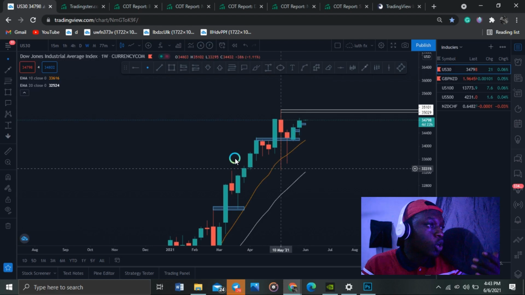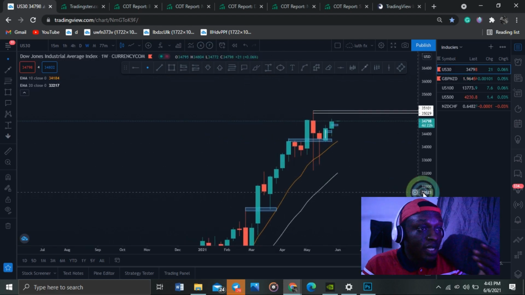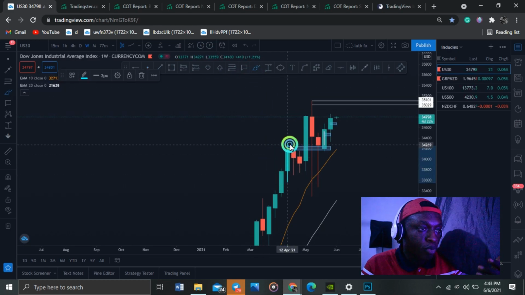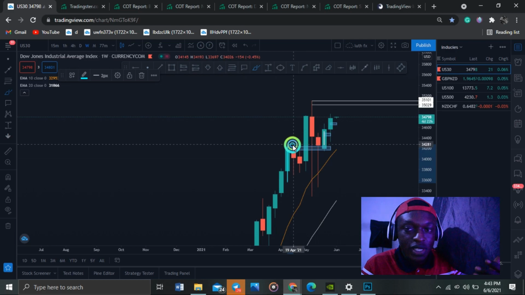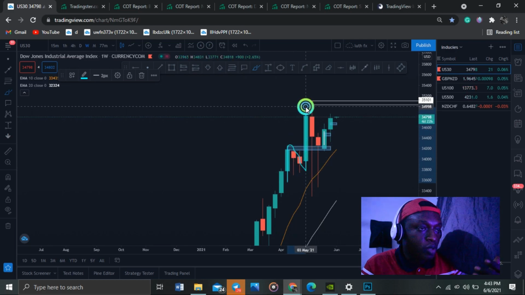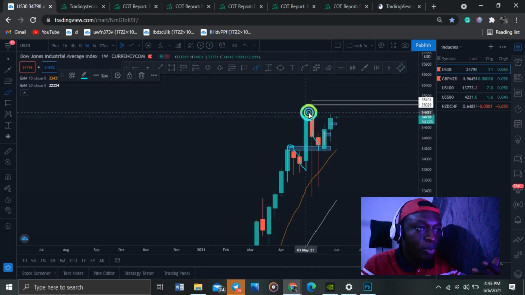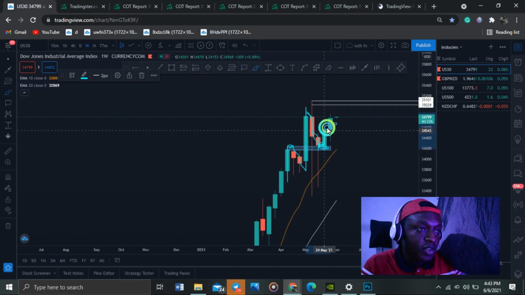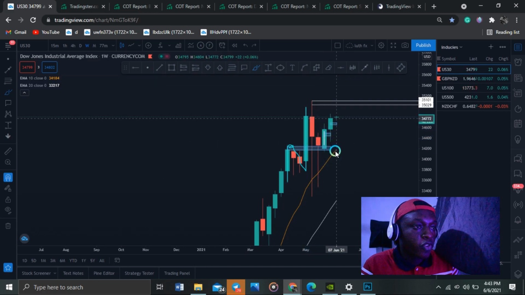On the weekly time frame, you can see a simple price action playing out. You can see a nice break and retest. Price made a higher high right here, previous resistance, then price corrected and broke above the previous resistance, now turning support. You can see price immediately retested the previous resistance and got rejected, and you can see this bullish candle forming right here.